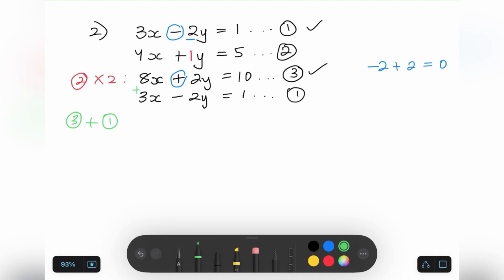So 8x plus 3x will give me 11x, and then 2y plus negative 2y. Well, 2 plus minus means minus, right? So 2 minus 2 will give me 0y, and then 10 take away 1 is 9.